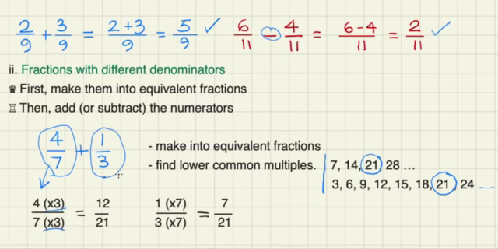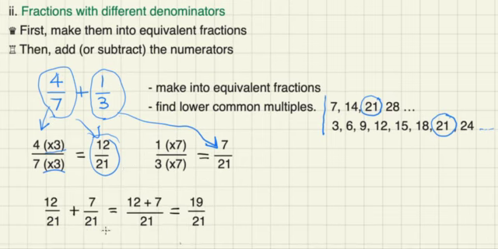So these fractions here are the same value as these ones, except now they have been put into equivalent fractions where the denominator is the same. And then the next stage is quite simple.